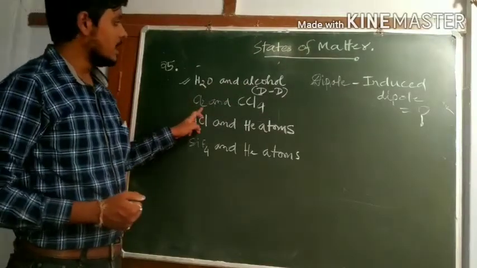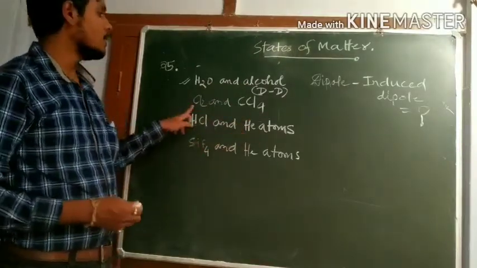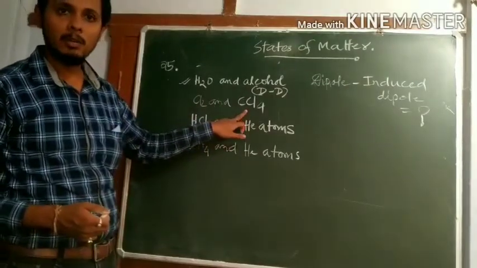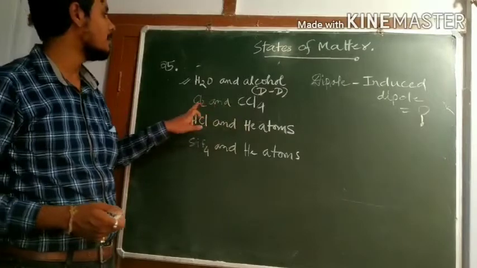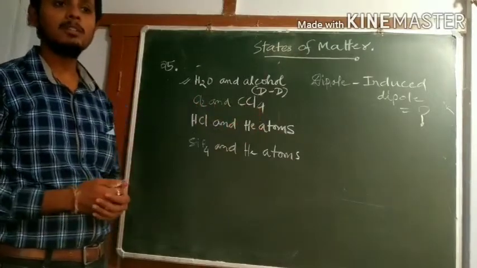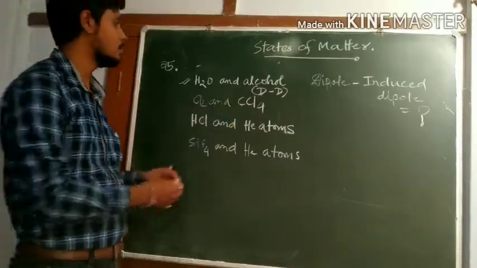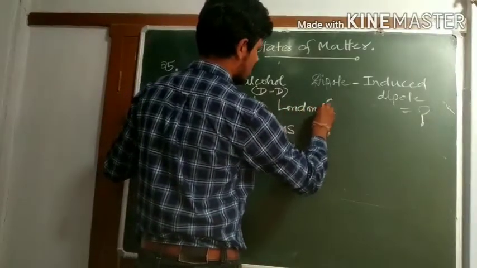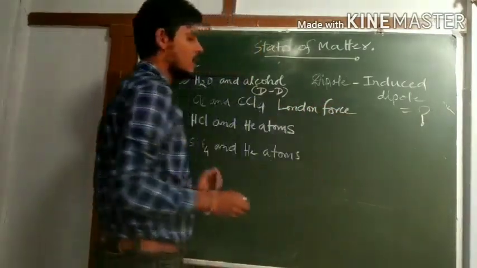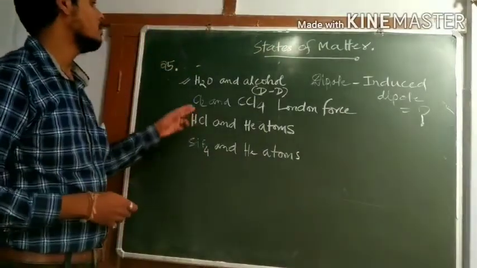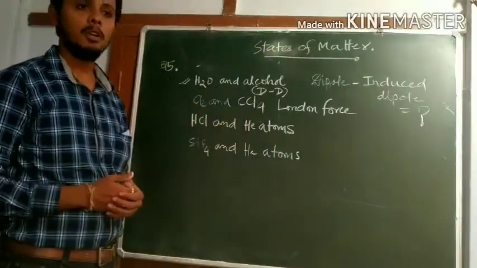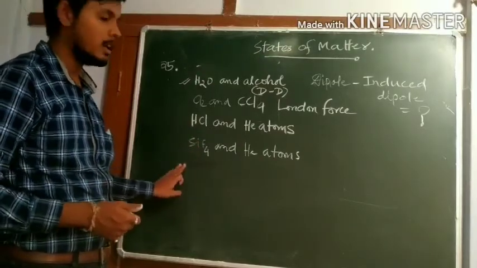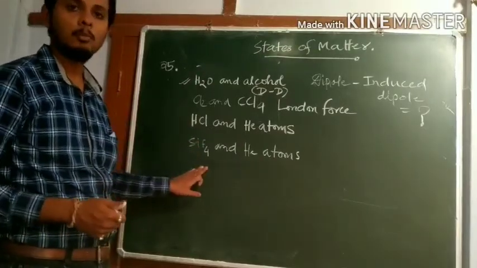If I consider Cl2 and CCl4, so Cl2 is a non-polar molecule, CCl4 is also a non-polar molecule. Please remember that between two non-polar molecules there can be only one interaction force, that is London force. If I consider SiF4, it is non-polar, helium is also non-polar.